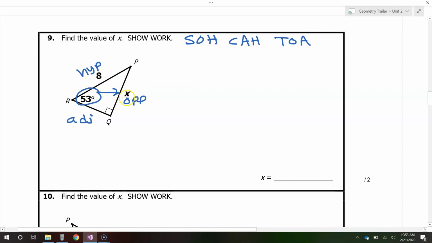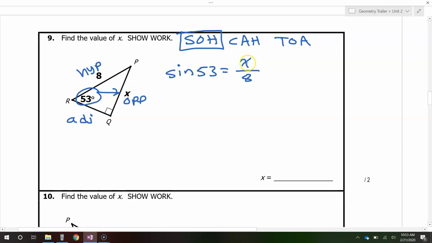Well, look at the sides that we are dealing with. We have 8 and x. That's opposite and hypotenuse. So that's going to be the sine function. Sine is opposite over hypotenuse. So we write sine of the angle we circled, opposite over hypotenuse. So that'll be x over 8.